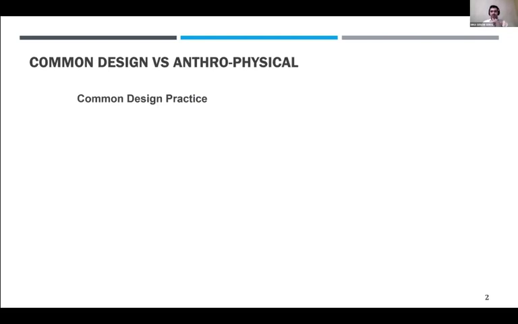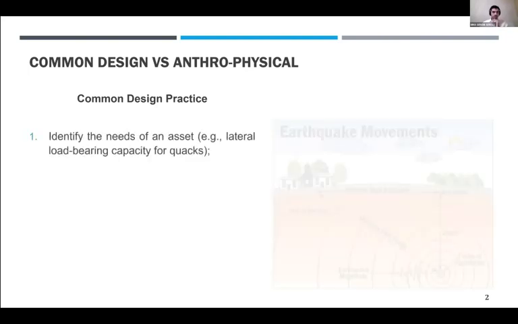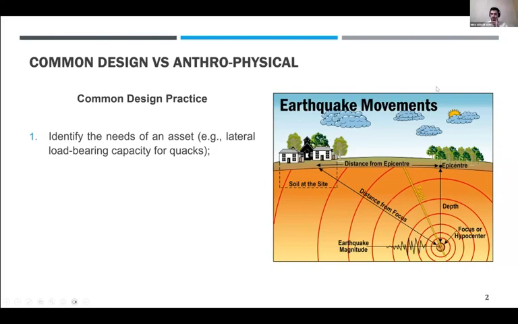So how is it different, and why are we introducing this kind of design scheme? In common design practices, we usually look at identifying the needs of an asset. Let's say we are civil engineers and we want to design a building.